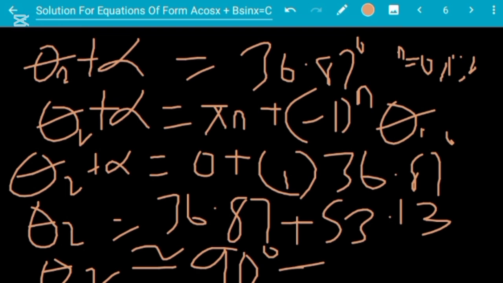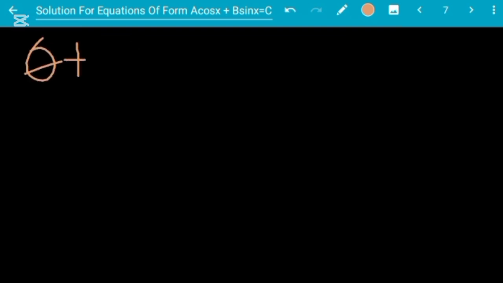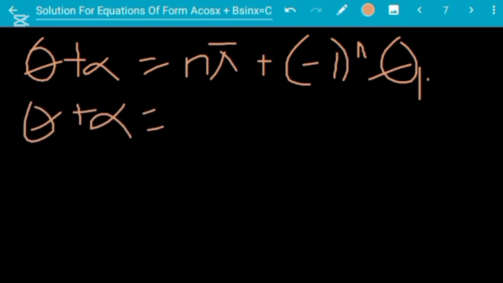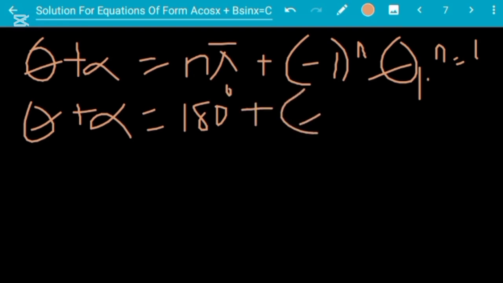So when n is equal to 1, we have n pi plus minus 1 raised to power n times theta 1. Theta plus alpha, when n is equal to 1, this is pi, which is 180 degrees, plus minus 1 raised to power 1, so minus 36.87.